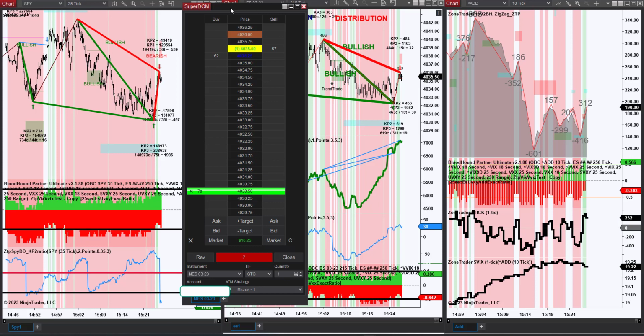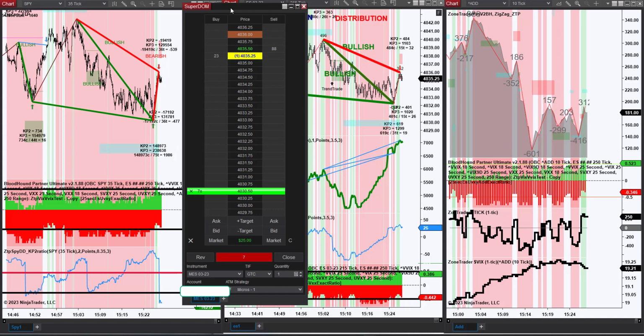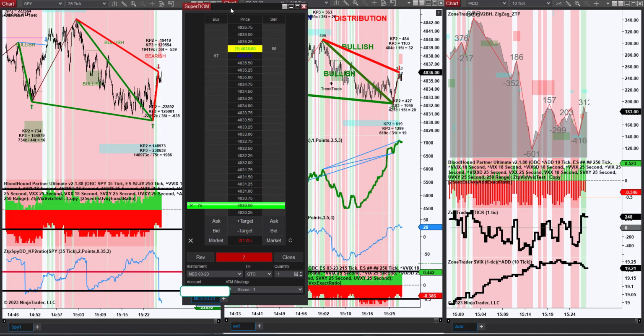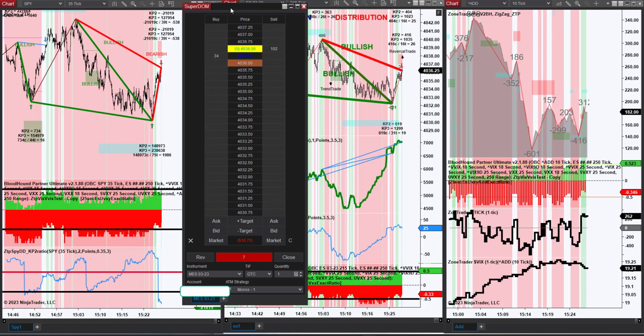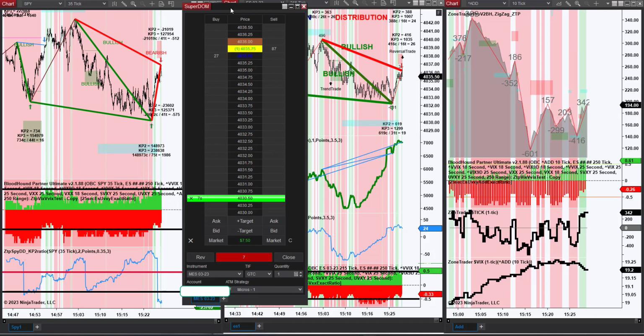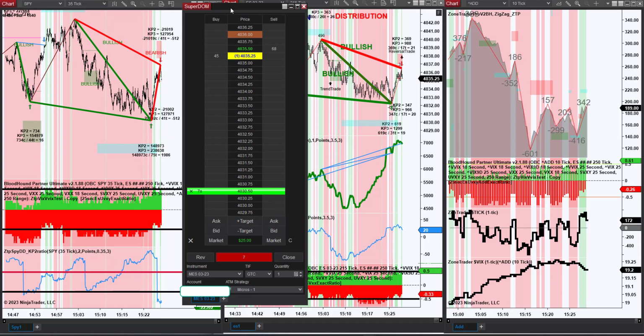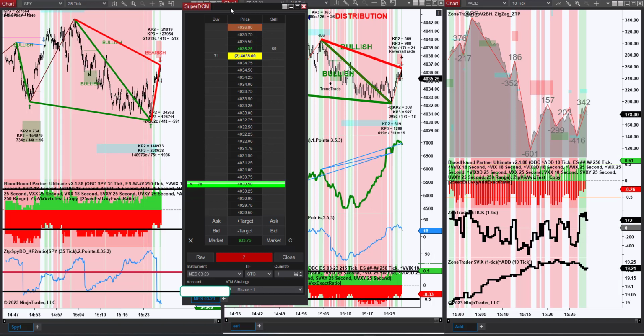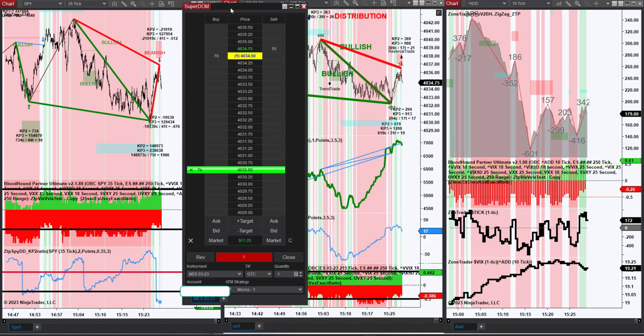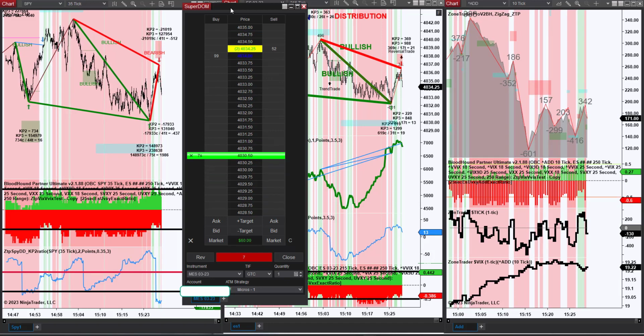Because what we have as far as a pattern goes is a reversal pattern on the two charts, and the combination of three different divergences makes me want to stay with this. This is going to work out to be a really nice trade.